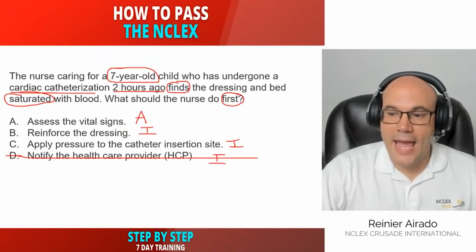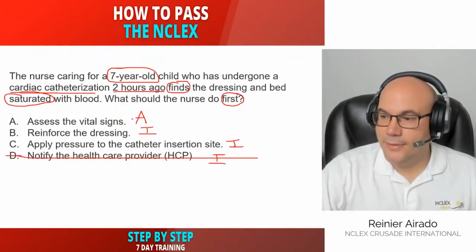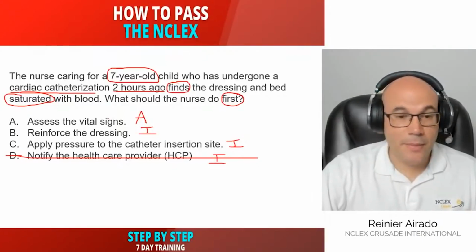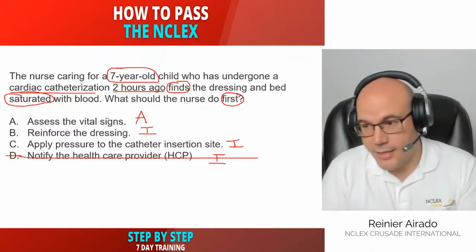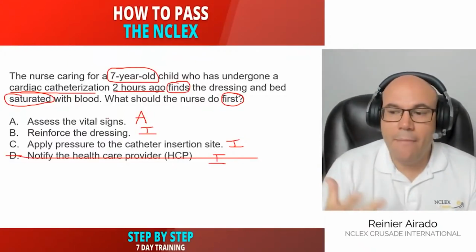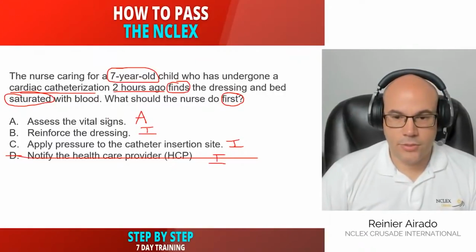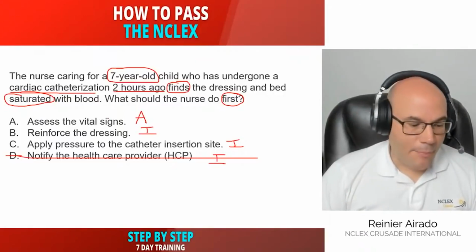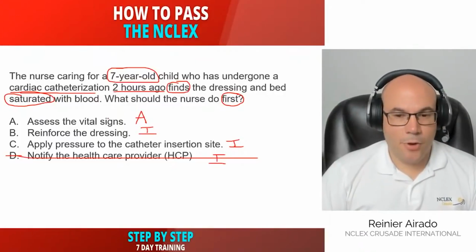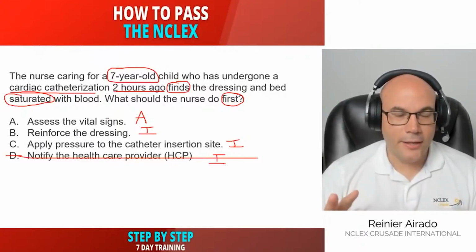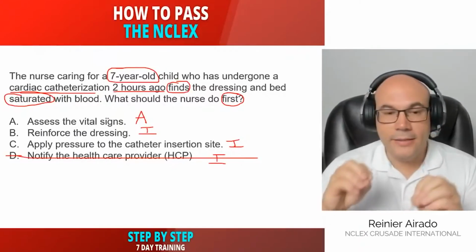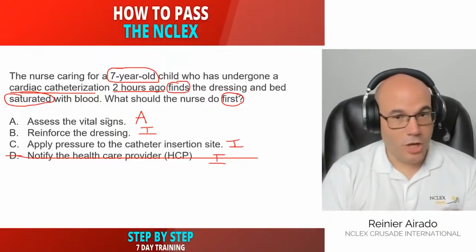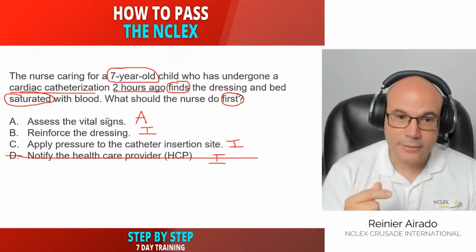So I have A, B, and C. I have an assessment answer that says assess vital signs, and I have 2 implementation answers. And let's think about the process of critical thinking. I told you, if it's an emergency, do not assess, you need to implement.